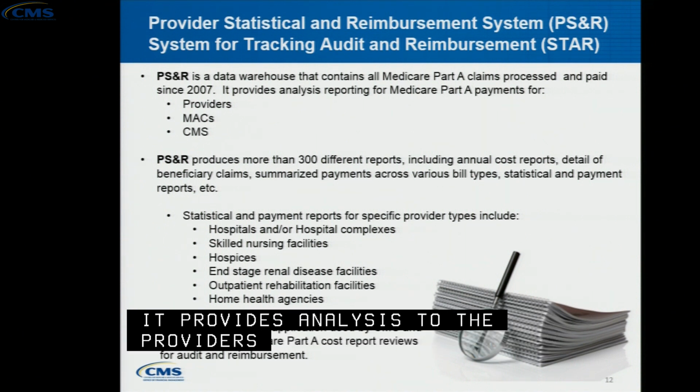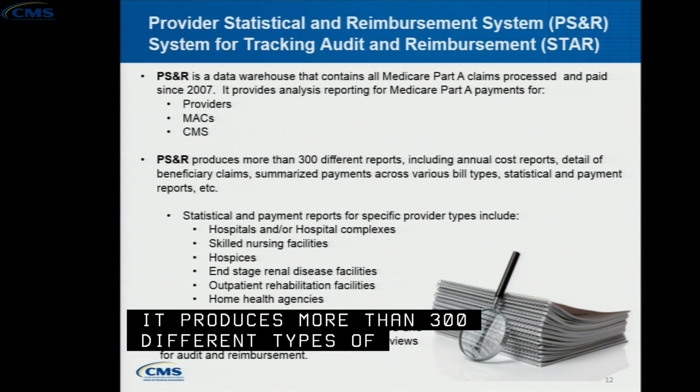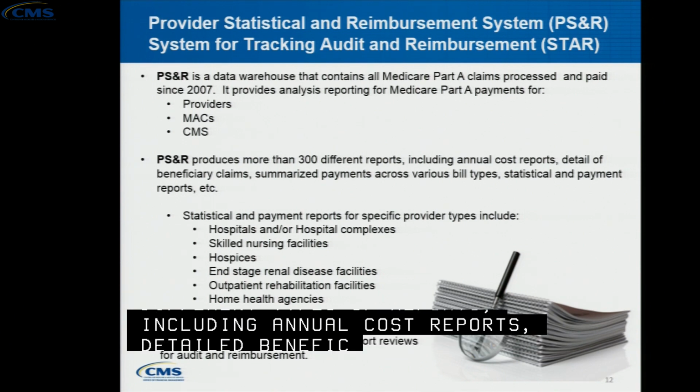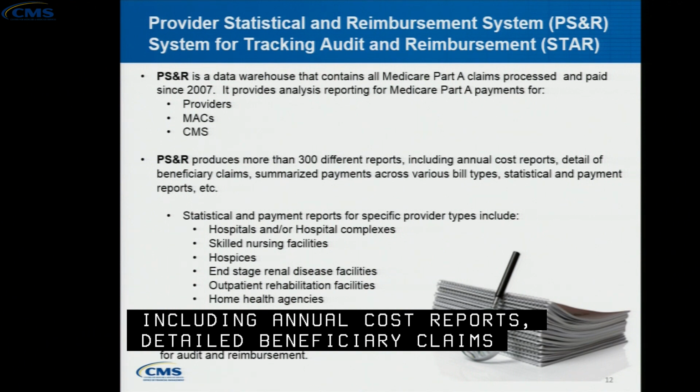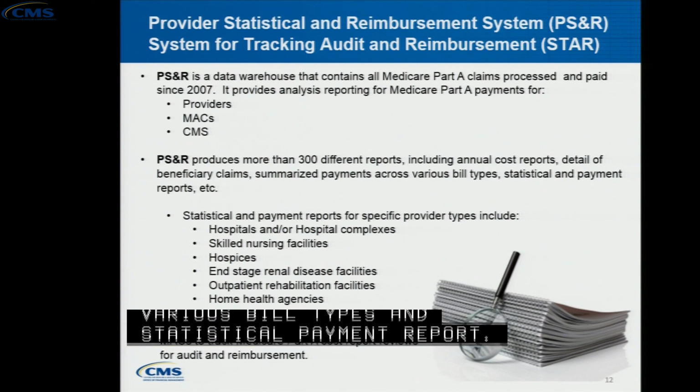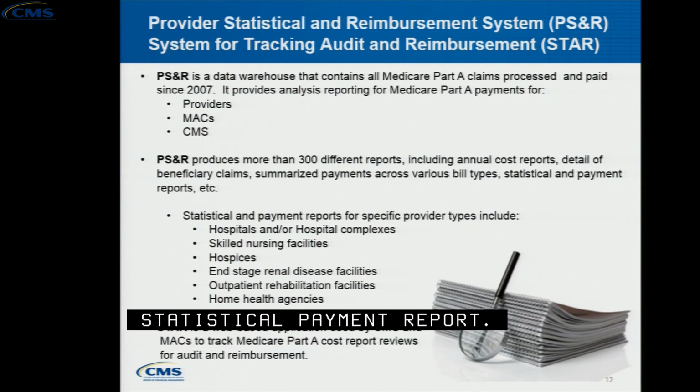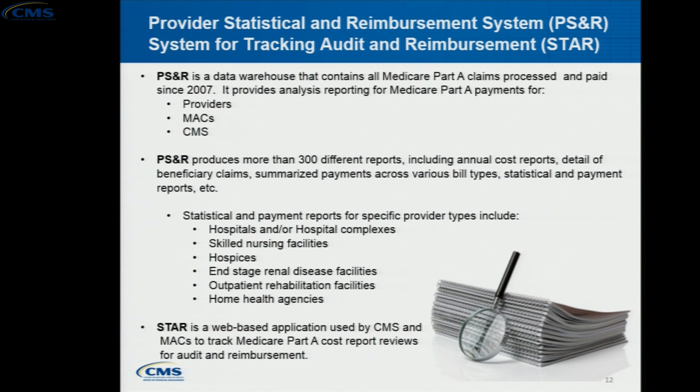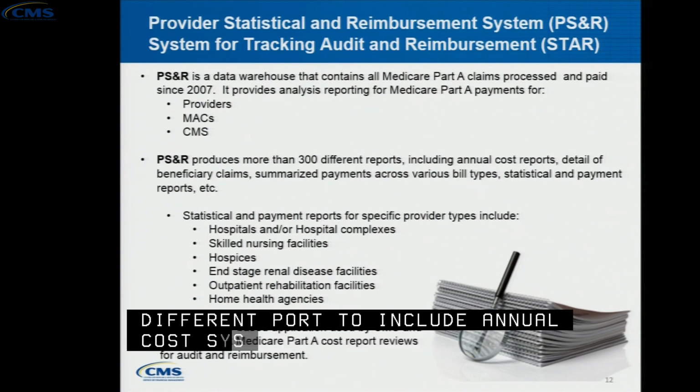PSNR produces more than 300 different types of reports, including annual cost reports, detail of beneficiary claims, summarized payments across various bill types, and statistical and payment reports, to name a few.